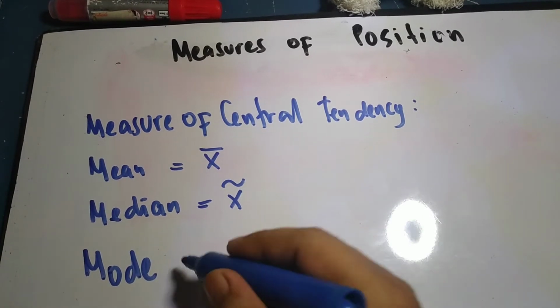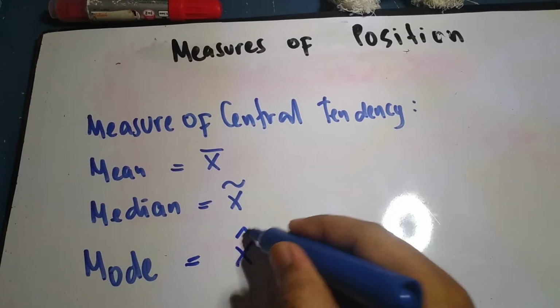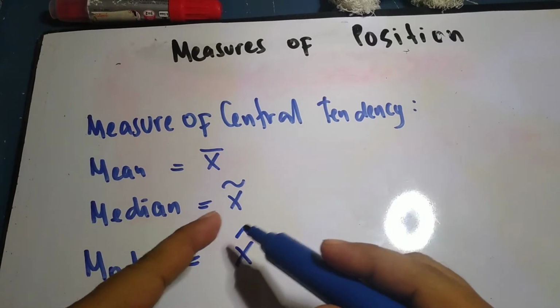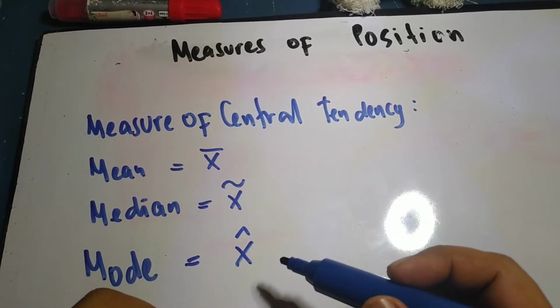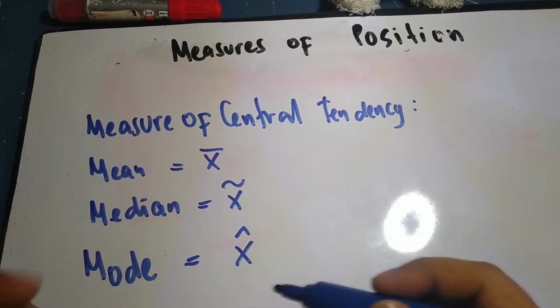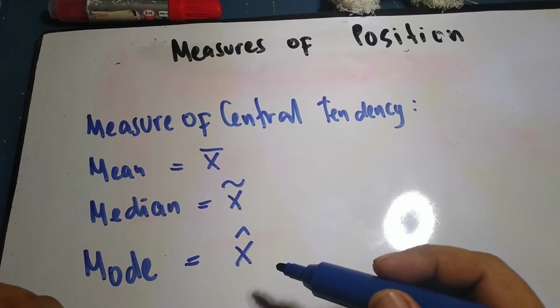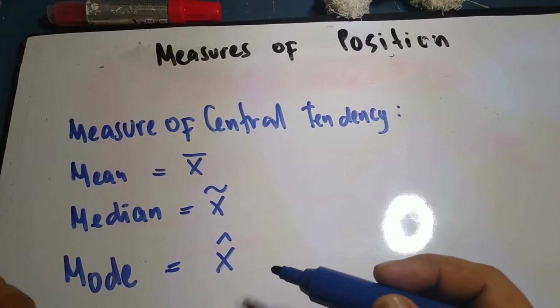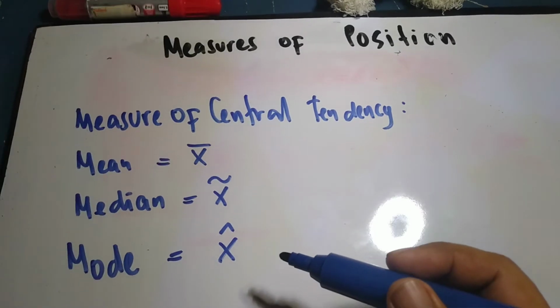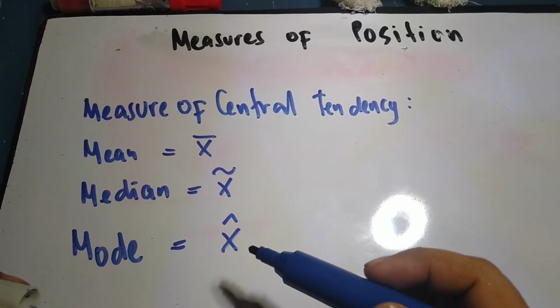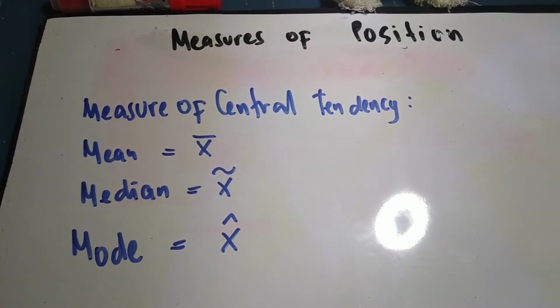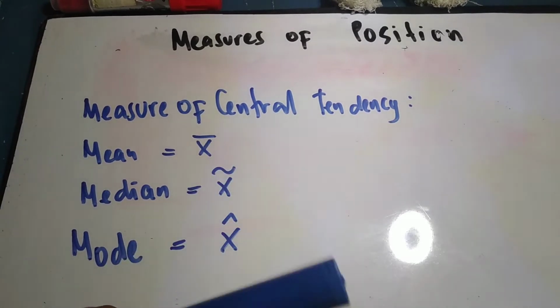So ang symbol po natin is yung parang may bahay kubo, so that is a hat. Okay, and then after this we will go to the measure of position, kasi yung nasa baba is natakal po natin yan when we are in grade 8. Okay, so let's go to measure of position.